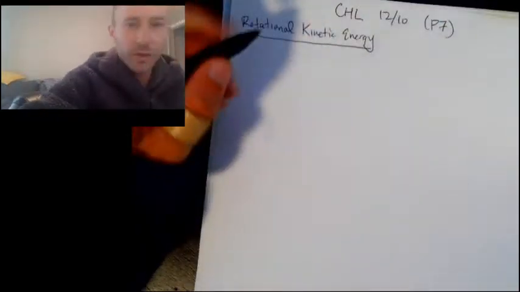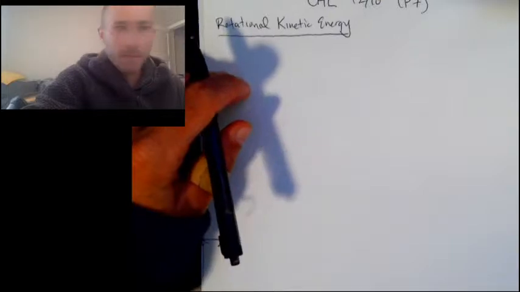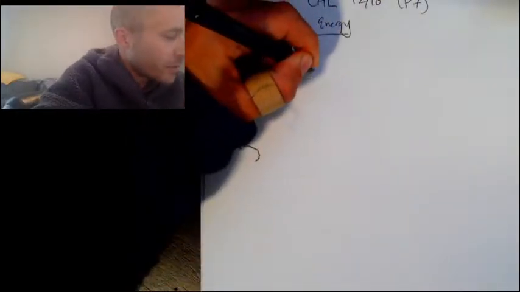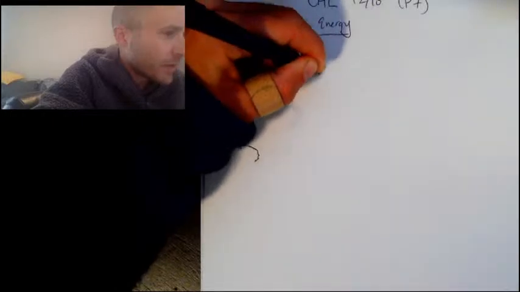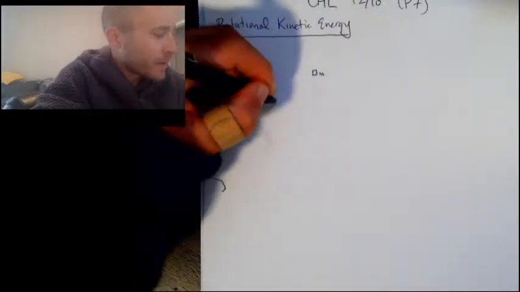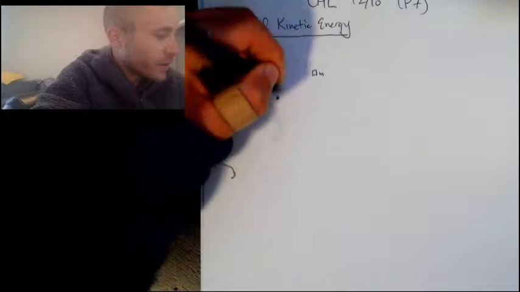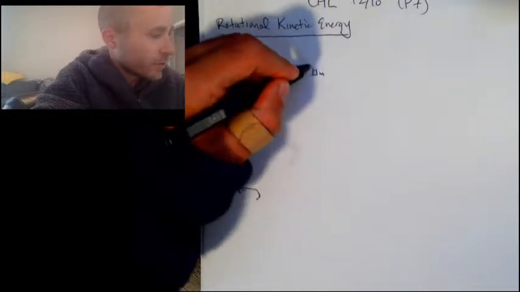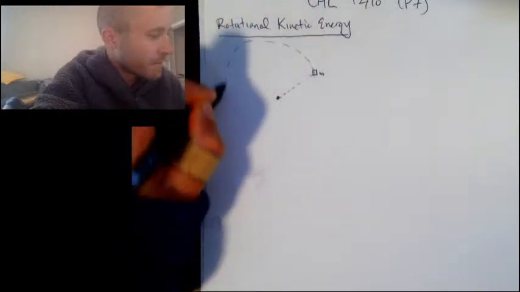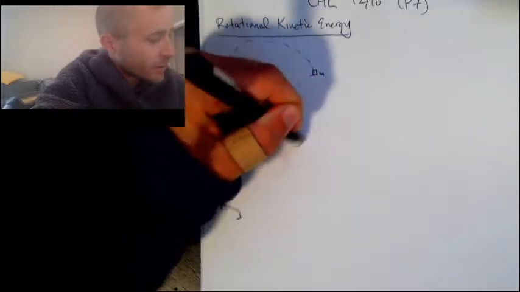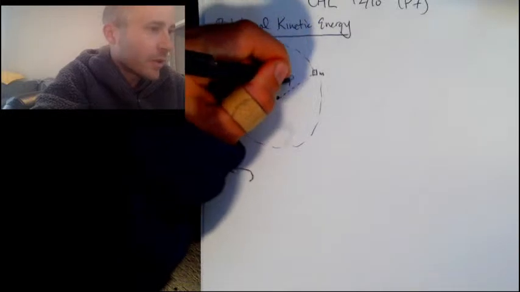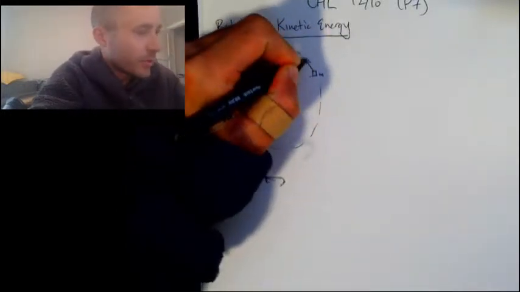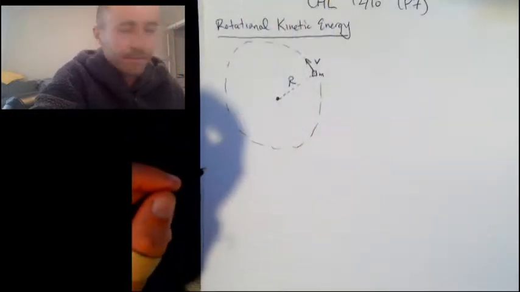So let me show you. We're going to derive the equation for it. Let's imagine you have a block of mass m, and it's moving in a circle. Okay, so it's going around a circle. That circle has a radius r, and it's moving in that circle with a velocity v.